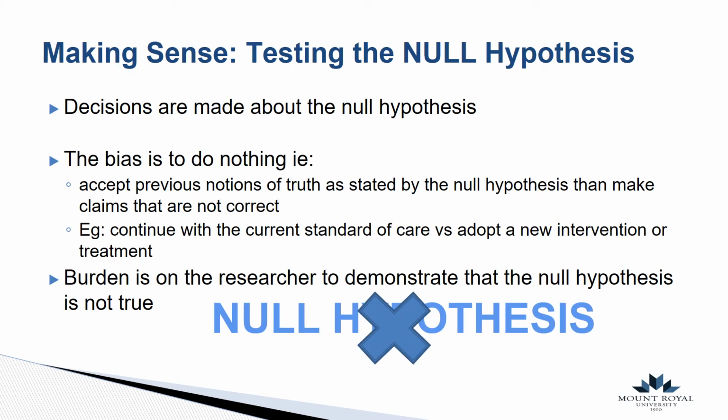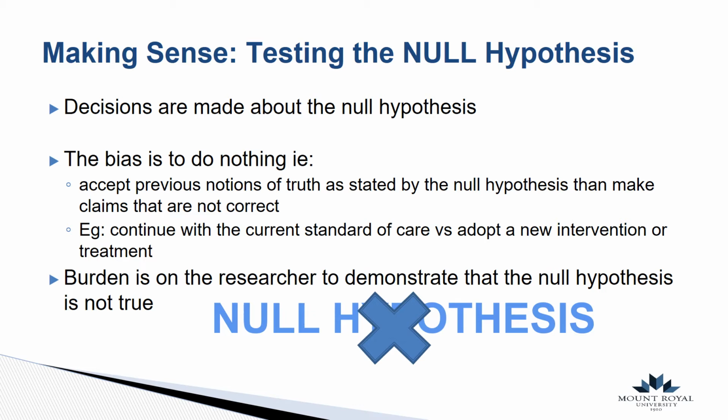So let's try and make sense of this testing of the null hypothesis. All decisions in research are made about the null hypothesis. The bias is to do nothing. Our bias in research is to accept previous notions of truth, to accept previous research results as stated by the null hypothesis, rather than to make claims that are incorrect.